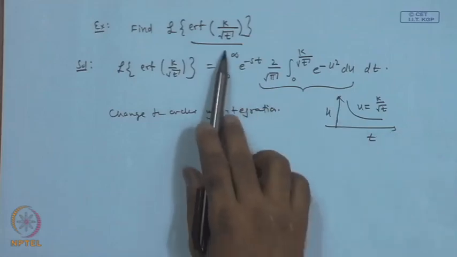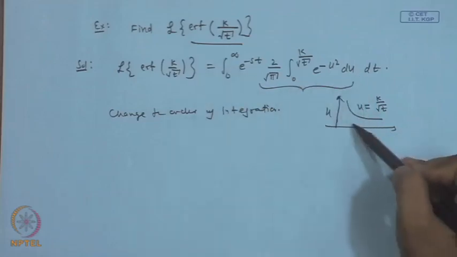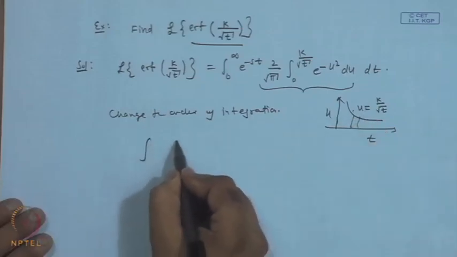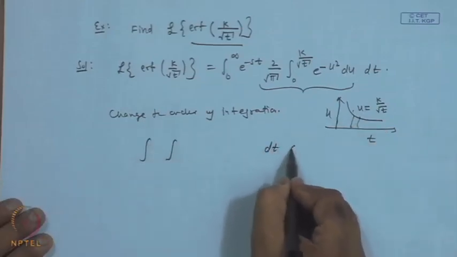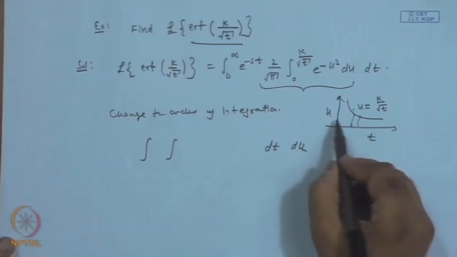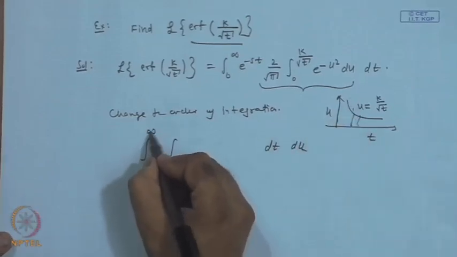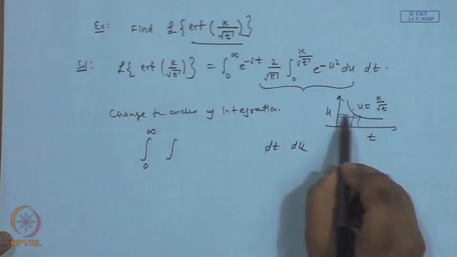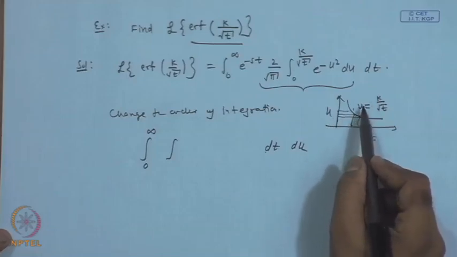So, t goes from 0 to infinity, and for u we go from 0 to this curve. Now, if we change the order of integration so that we have dt du, then for u we go from 0 to infinity, and for t we go from here to this curve. That means k over u square.